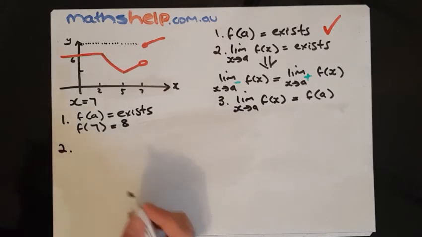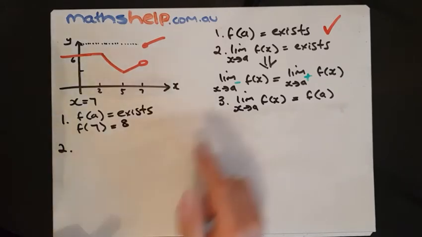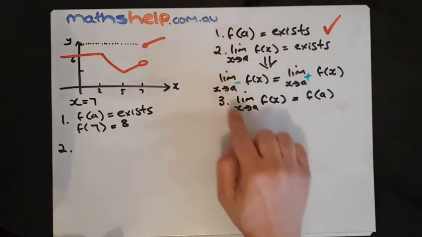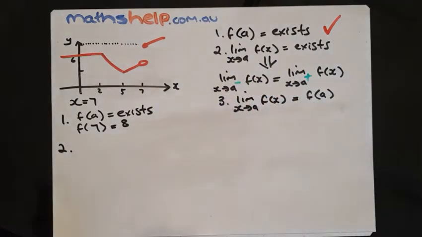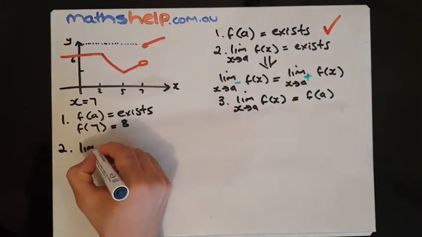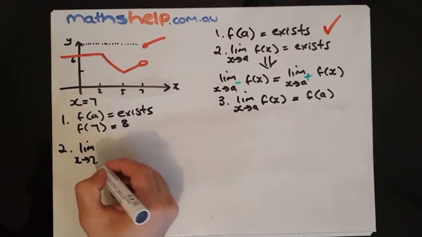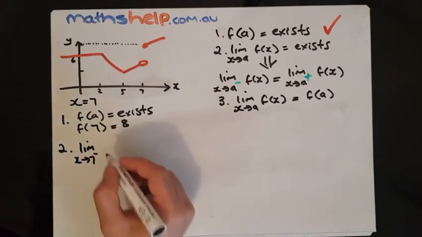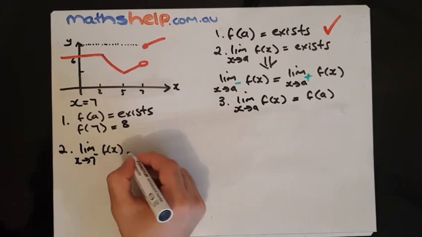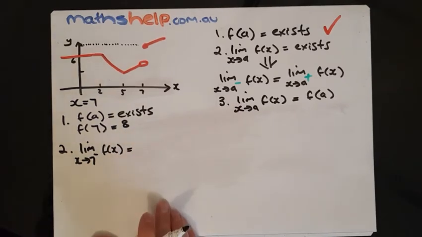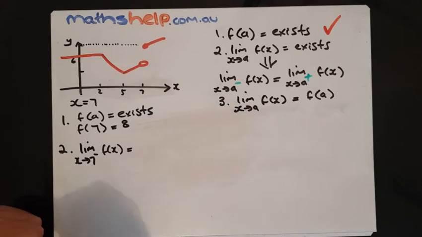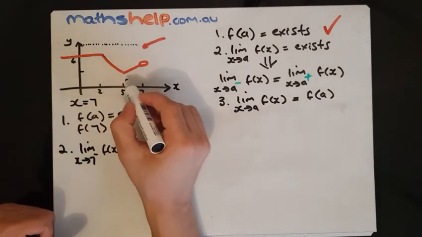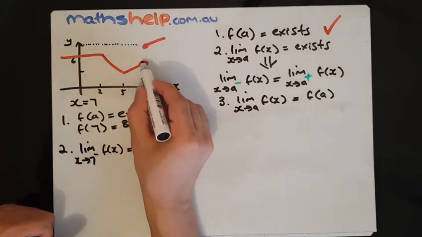For the second condition, we actually need to solve the limit as x approaches 7 from the left hand side of the graph. What does that equal? If we're coming from the left hand side this way, we're approaching this value here.